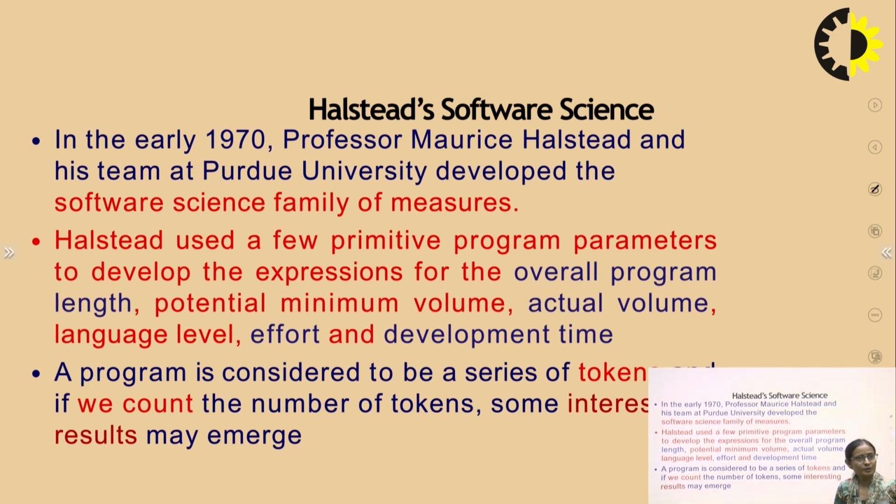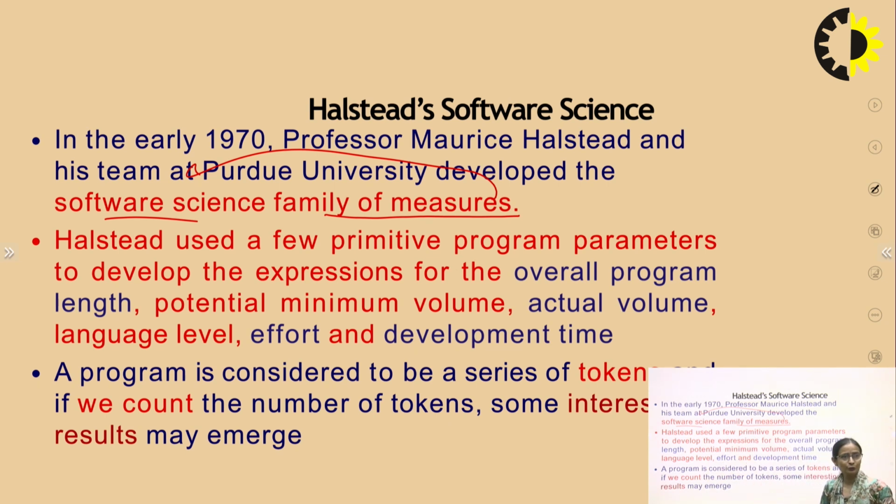Now, Halstead's software science. In 1970, Professor Maurice Halstead and his team at Purdue University developed the software science family of measures, that is, the metrics which can be used for software engineering.